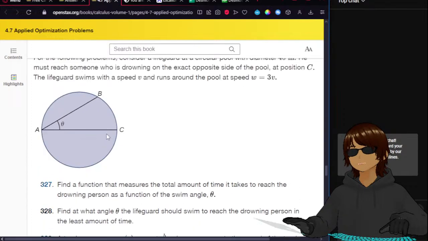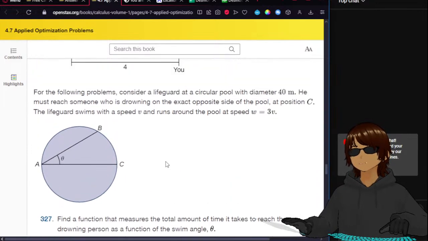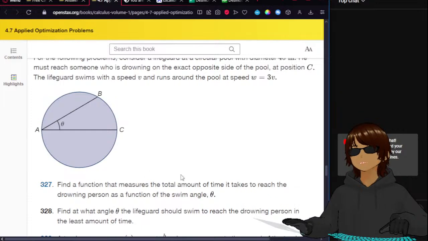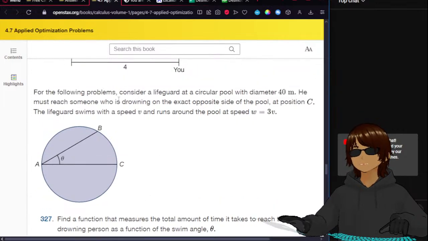Okay. Find a function that measures the total amount of time it takes to reach the drowning person as a function of the swim angle theta. For the following problems, consider a lifeguard at a circular pool with a diameter of 40 meters.